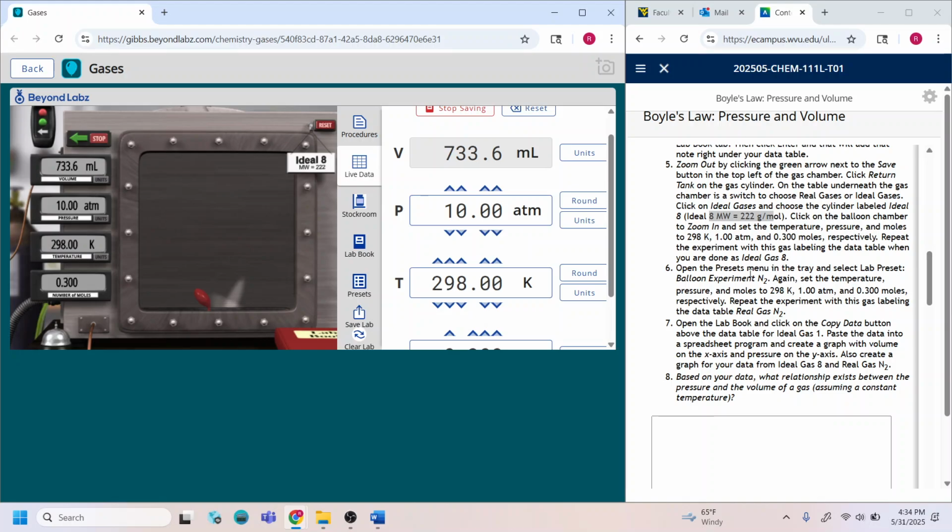And then we're going to open the presets. And now these are ideal gases. And as we said, for ideal gases, PV is equal to a constant. For ideal gases, it doesn't matter the molecular weight of the gas.